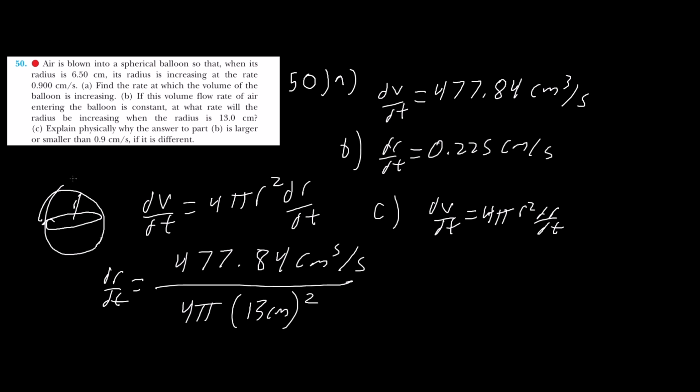If the balloon is being filled with air or whatever it is at a constant volume rate, the larger this balloon is, the smaller the rate of change of the radius is. And that's a formula you can just read off.